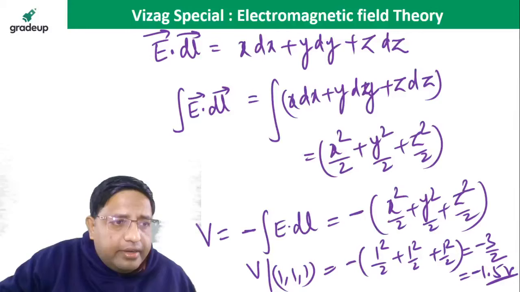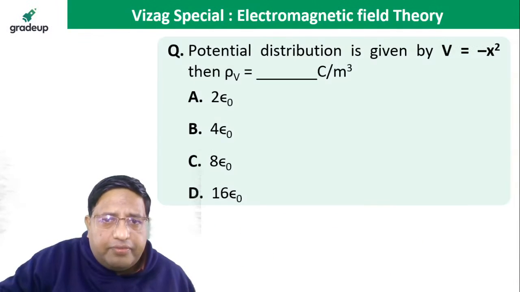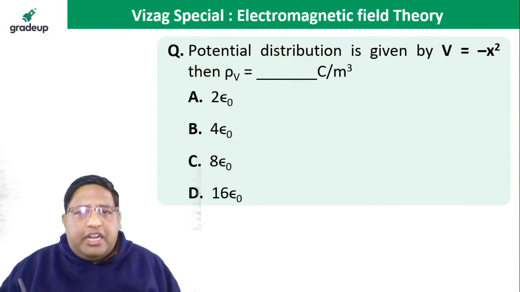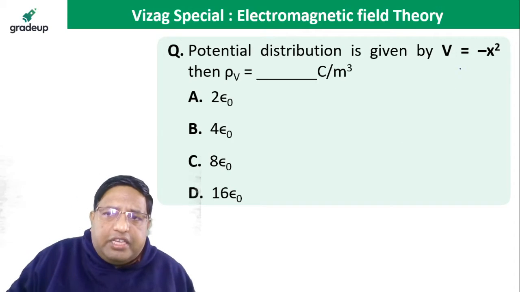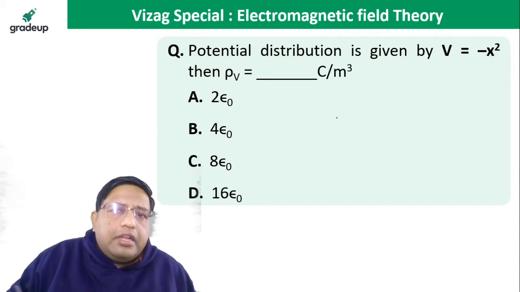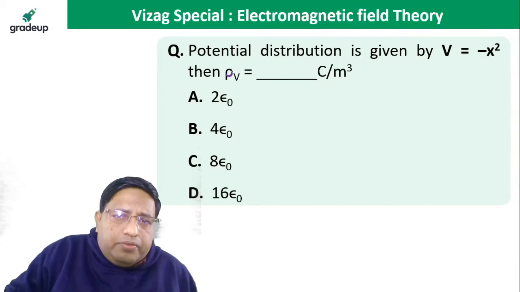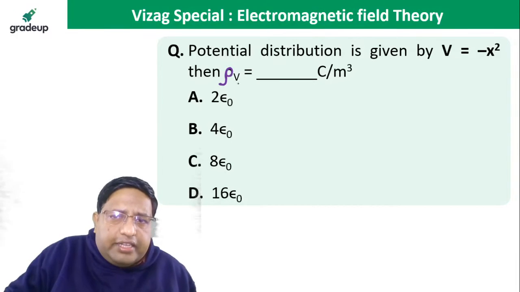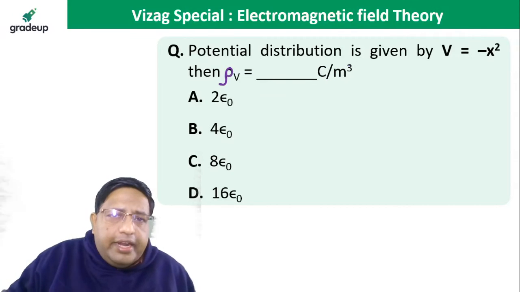Next question, try to give the answer of this question. The potential distribution is given as V is equal to minus x square. Calculate the volume charge density in Coulomb per meter cube. Rho V is the volume charge density.